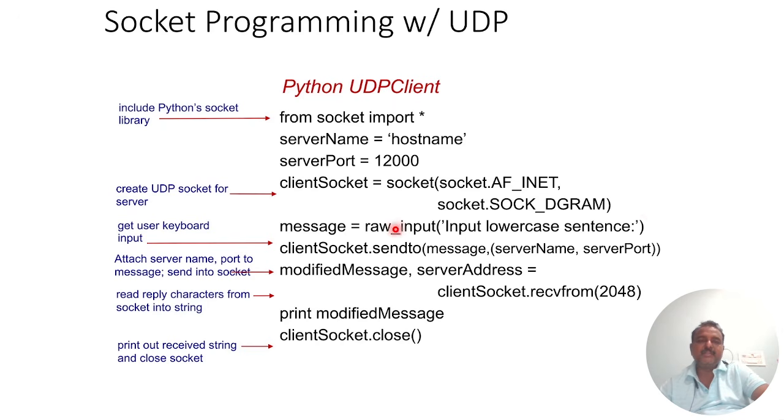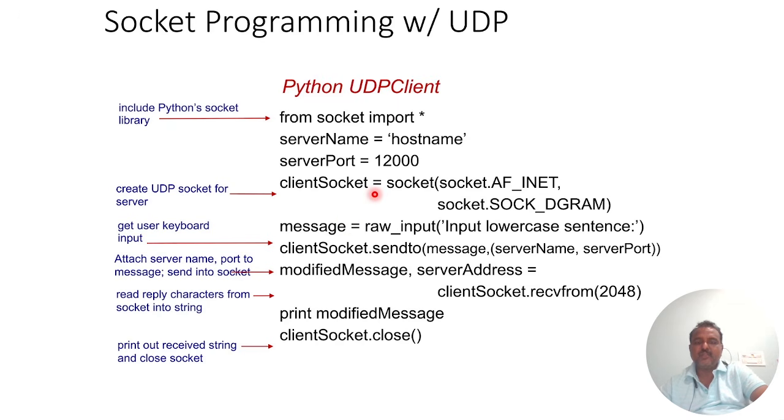Then we are going to take the input from the standard input device, and I want to accept the data. So I just use the method called raw input, and then we enter the data, and whatever data is entered here will be stored here. Now whatever data has been entered by the standard input device, I want to send to the server.